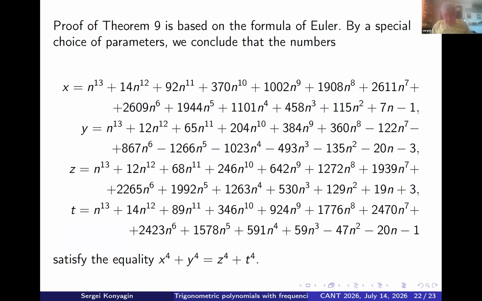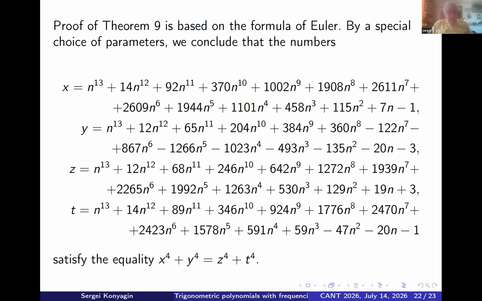This is an identity similar to the earlier binary identity for cubes, but it is the identity for quartics. There is a series of solutions to this equation for the fourth powers constructed by Euler.